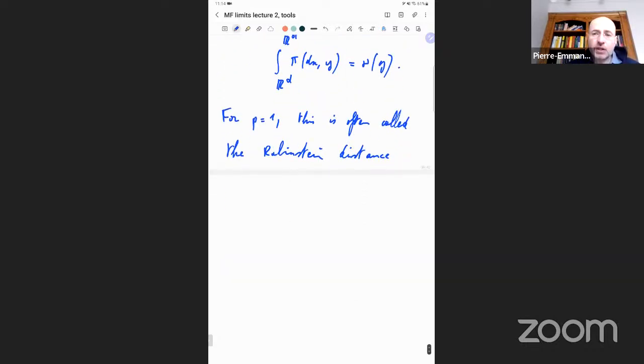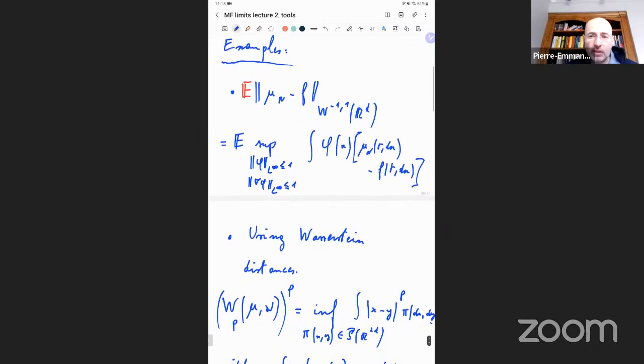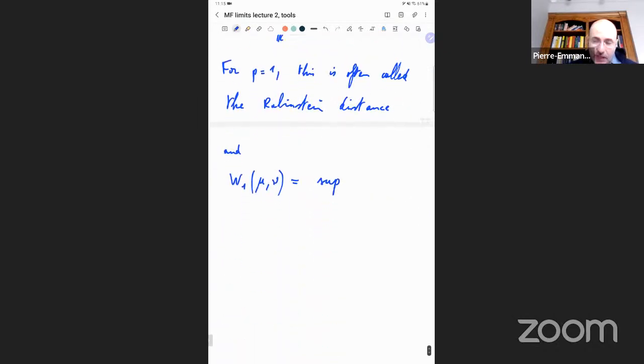And it's actually very, very close to the W minus 1, 1, because W1 of mu and nu, if I take two variables now, is the sup. And remember that for the W minus 1, 1, I was taking the sup over all functions that are bounded in W1 infinity. And here it's almost the same, but the function itself doesn't need to be bounded. I only need to bound the gradient.